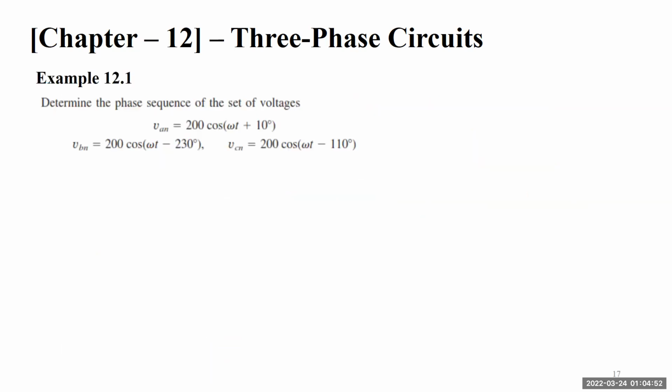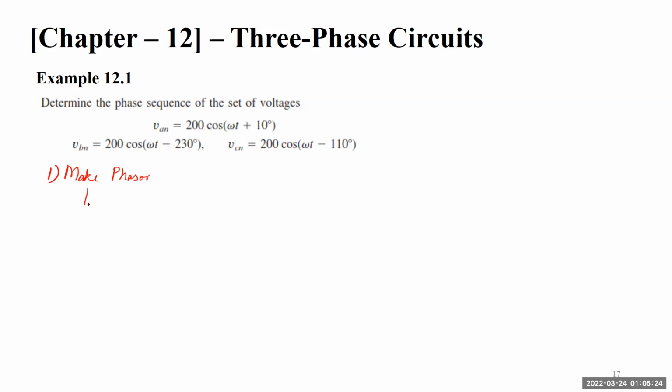So now let's solve an example, and this is example 12.1 of our textbook. It says determine the phase sequence of the set of voltages. We have three different voltages in time domain given to us. VAN is 200 cos(omega t plus 10 degrees), VBN is 200 cos(omega t minus 230 degrees), and VCN is 200 cos(omega t minus 110 degrees). First, we have to make phasors.